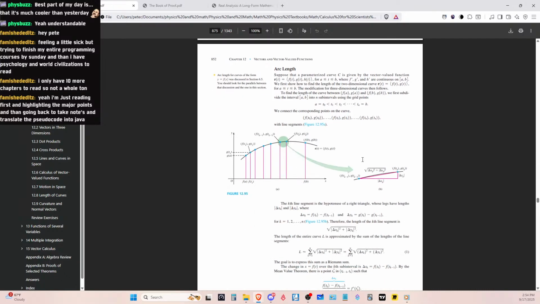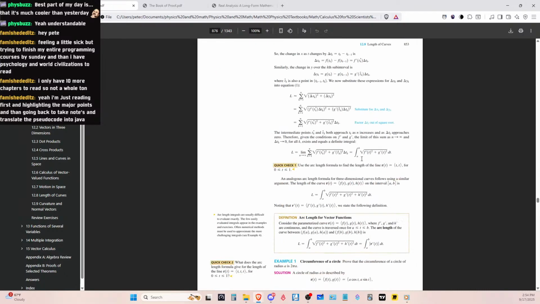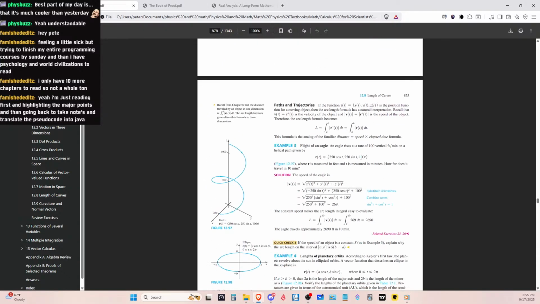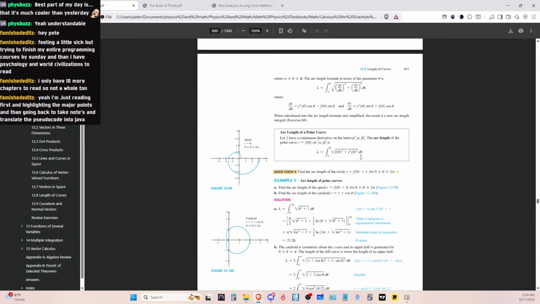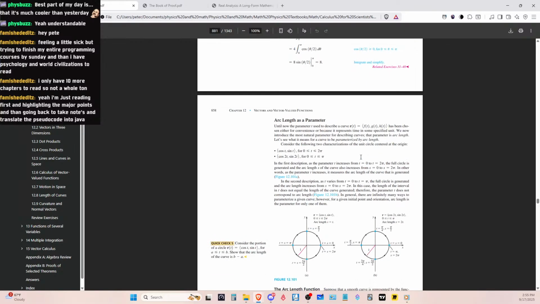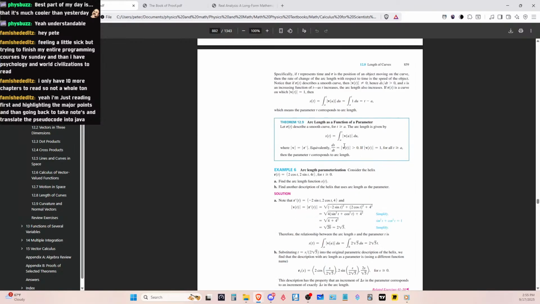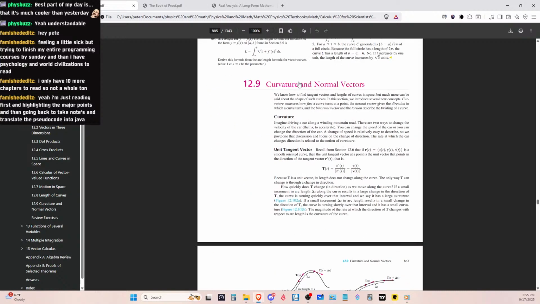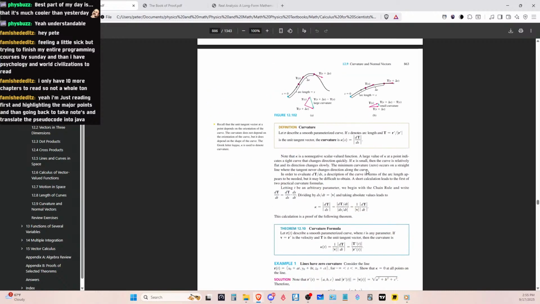Length of curves. I think this is the chapter. The arc length. Curvature and normal vectors. Here we go, curvature. That's what I was looking for.